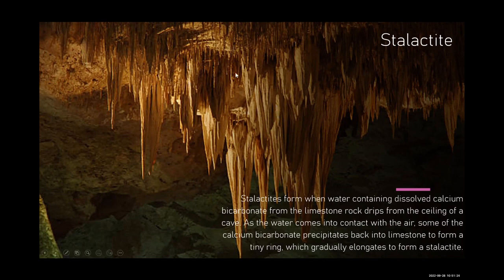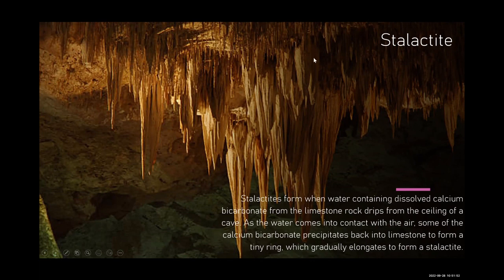As it comes through and starts to drip, it's a little bit acidic because it's mixed with some of the carbon dioxide in the atmosphere around it. So it dissolves a little bit of the rock, and then it starts to hang like a little drop, and some of it is going to drop, some of it will evaporate, and some of the water gets sucked back into the limestone.